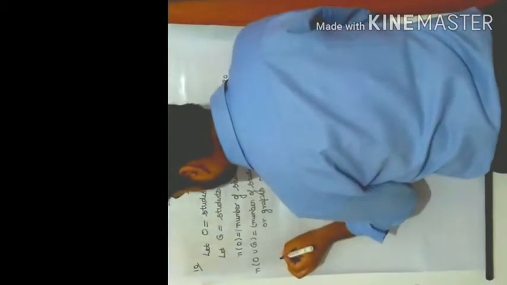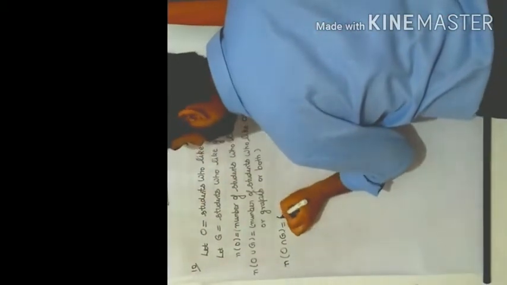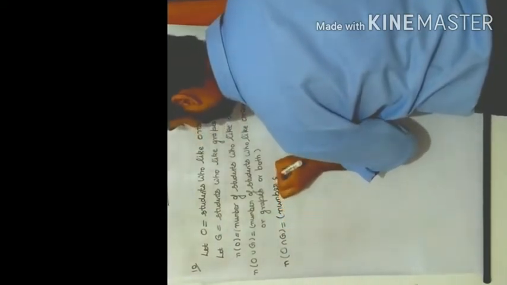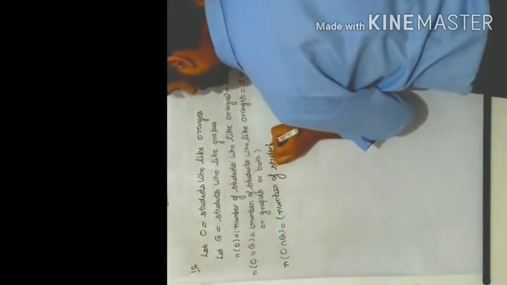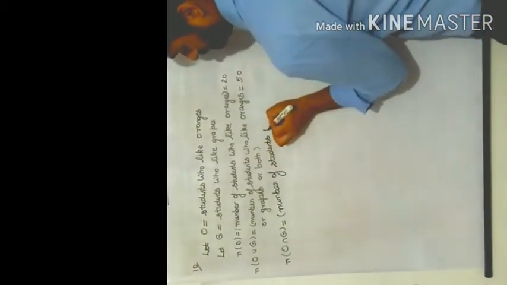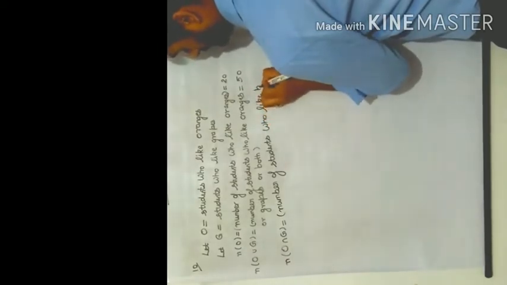So N of O intersection G means number of students who like both, equal to number of students who like both.